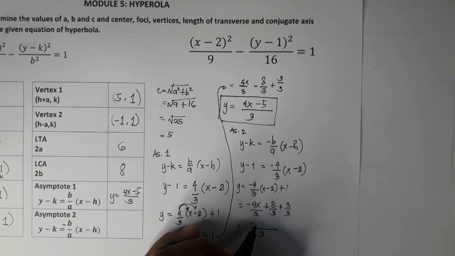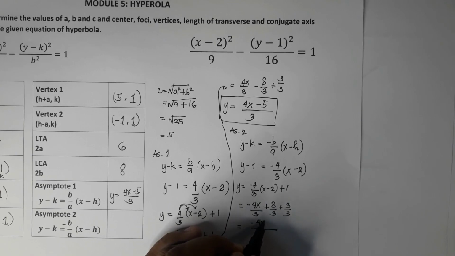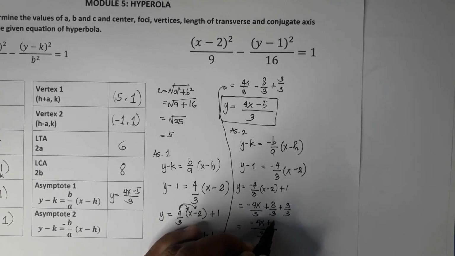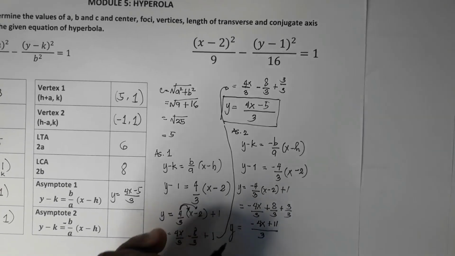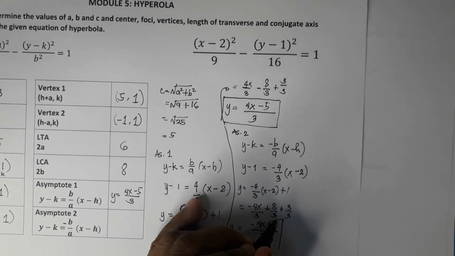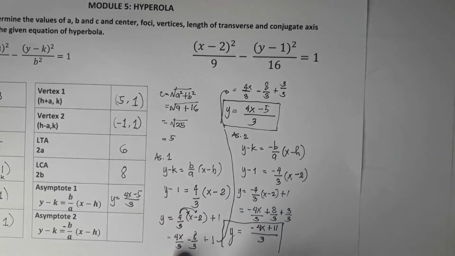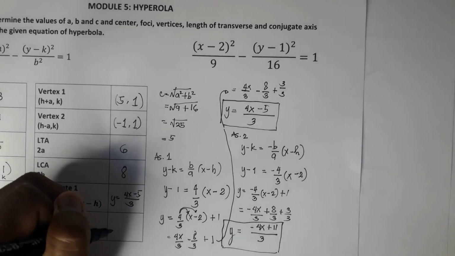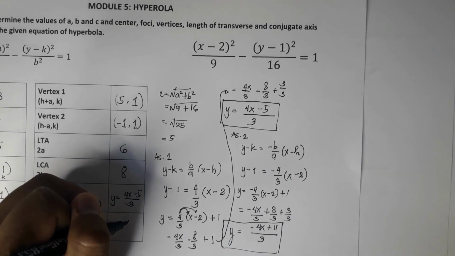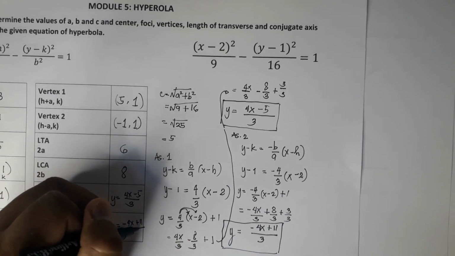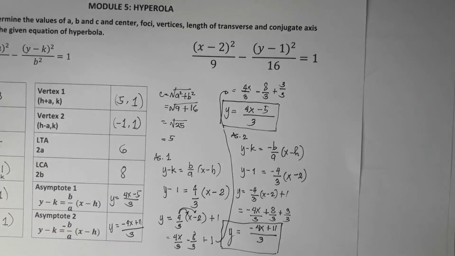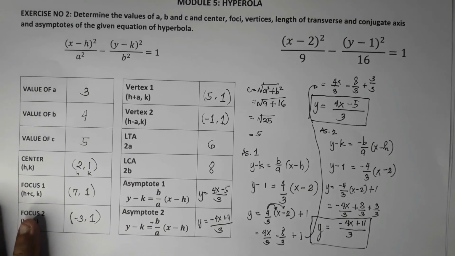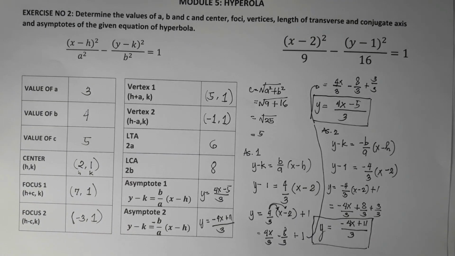Then, I have negative 4x, 8 plus 3 is 11. So, that is now the value of our second asymptote. The equation of the asymptote, y is equal to negative 4x plus 11 over 3. There you have it. So we were able to solve now the parts of the hyperbola.